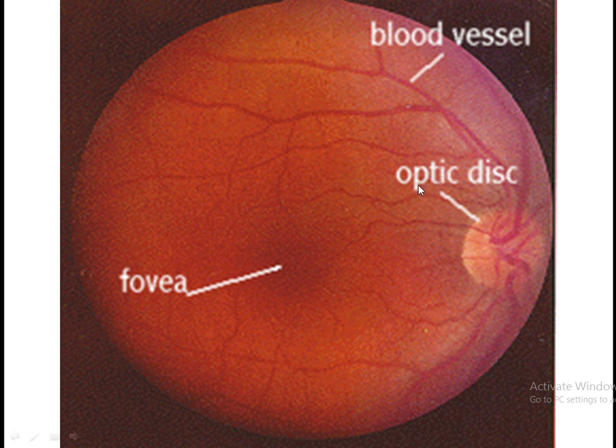Now, what is this thing, the optic disc? It is the area of the optic nerve, while the central part of the retina is the fovea. At the fovea you have the maximum visual acuity, the maximum number of cones, while the optic disc is devoid of photoreceptors.